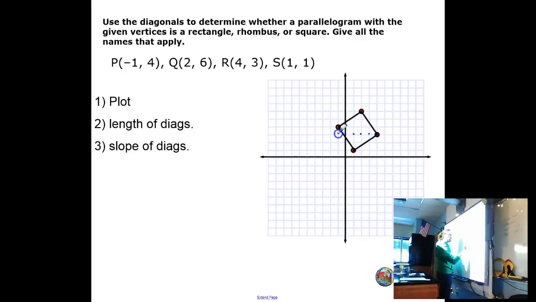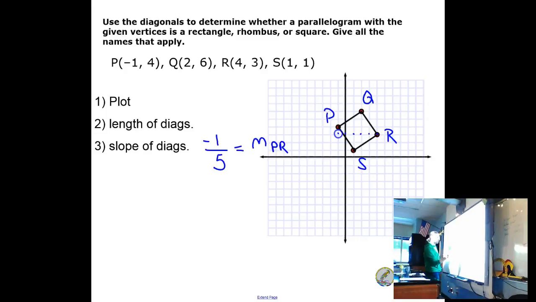So this slope is down 1 over 5. I should have labeled that. So this is going to be P. The slope of PR equals -1/5.